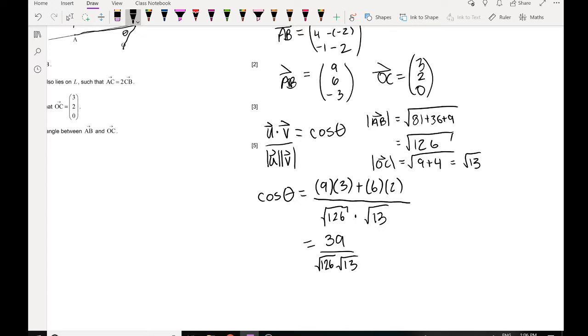Although my calculator right now is in radians. Okay, cos inverse of the previous answer. And so I get that theta is equal to 15.5 degrees. Which makes sense if it's an acute angle, or it appears to be acute, at least based on the diagram.